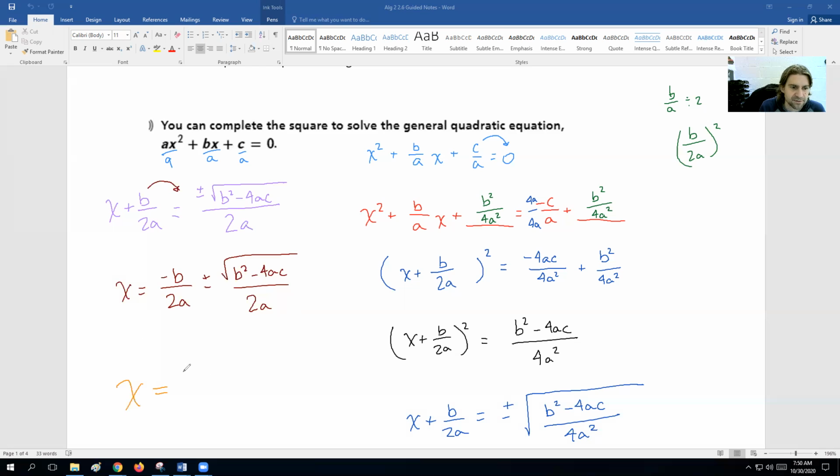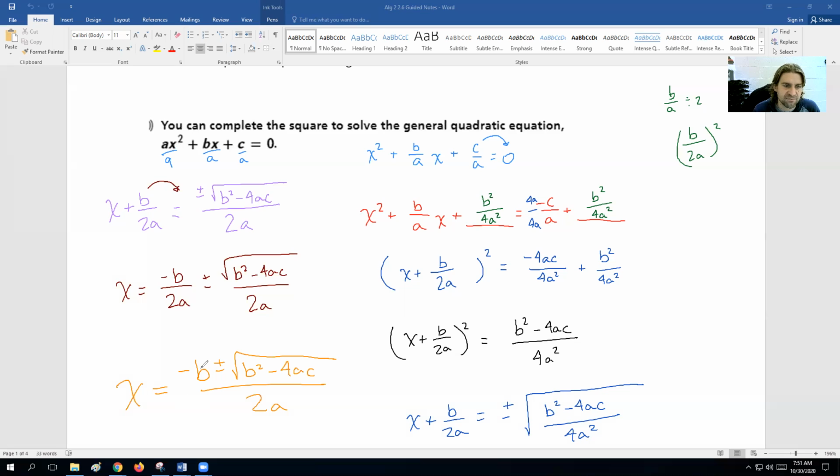We get x equals negative b plus or minus the square root of b squared minus 4ac all over 2a. And hopefully that sounds familiar. So what we did here is find the quadratic formula just by completing the square in all generic terms. So we can use this formula if we have any problem.